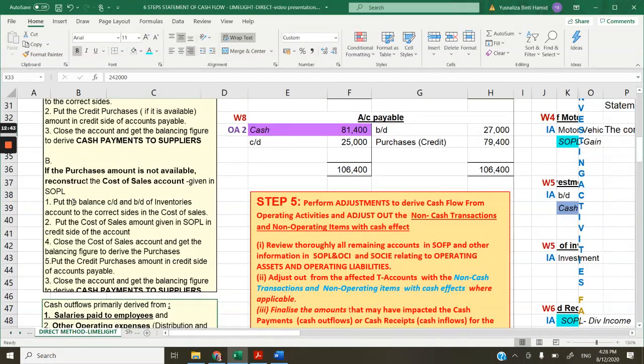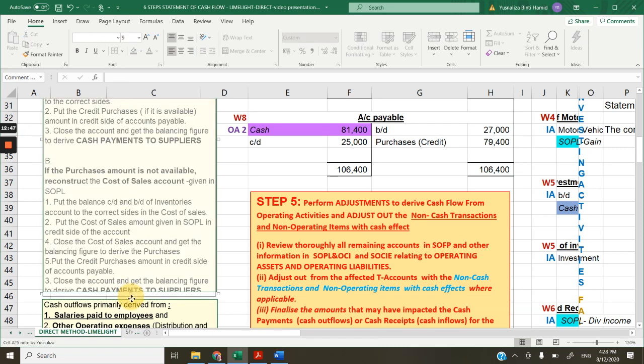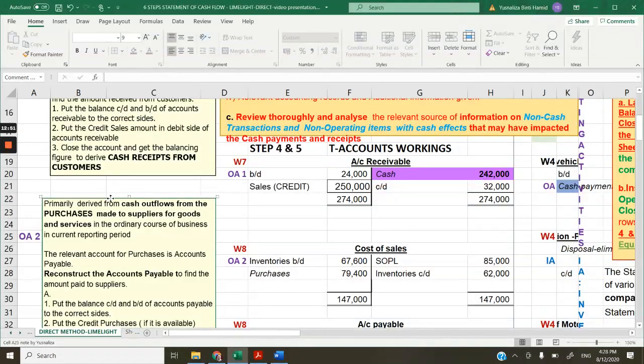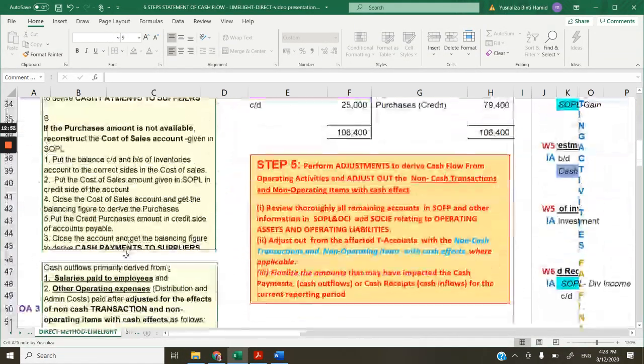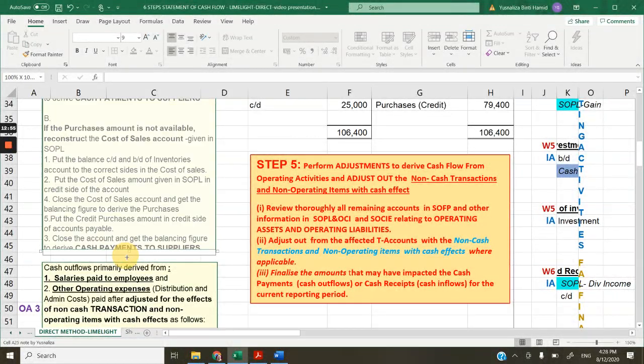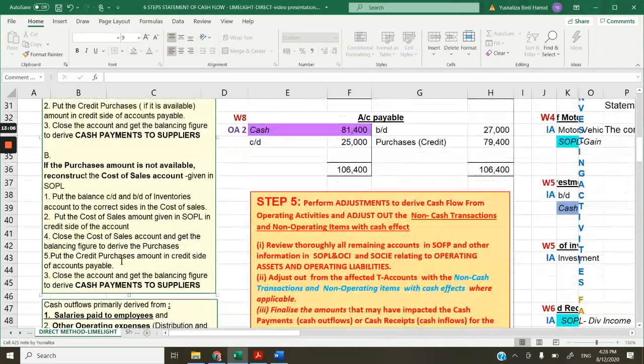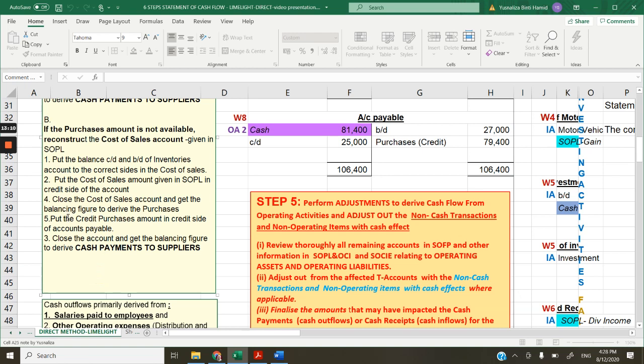If you can recall, this is what I did for my working just now to find the cash payments to supplier. I put the balance carried down and balance brought down of the inventories account to the correct side of the cost of sale. Then I put my cost of sale. Then I close the cost of sale. I get the purchase.